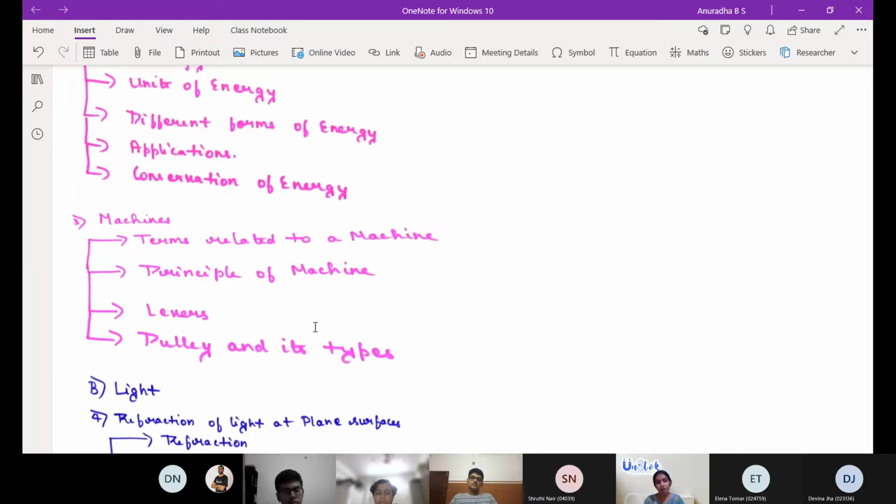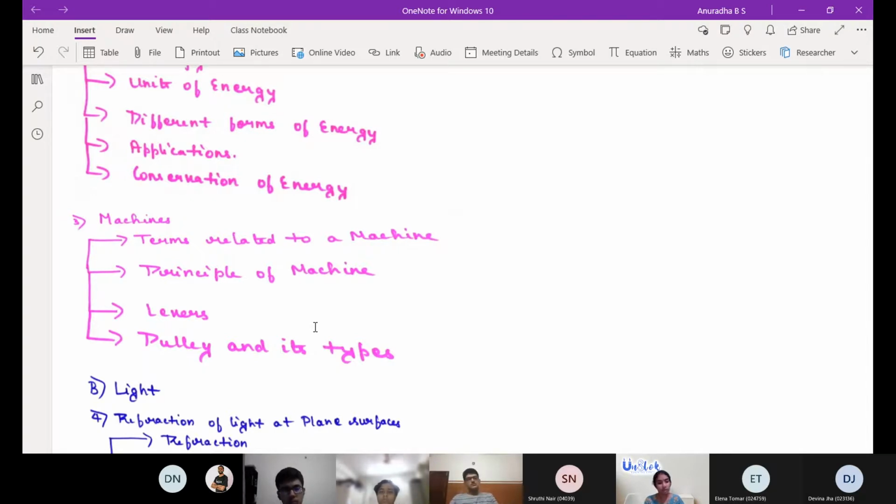Whenever I talk about the efficiency of a machine, I'm giving some input, like 50% of input, and I'm expecting some amount of output from that. By how much output I get, how efficiently a machine is working, that is nothing but the efficiency of a machine. So you will be learning the principle of a machine, how a machine works, and what the efficiency of a machine is.